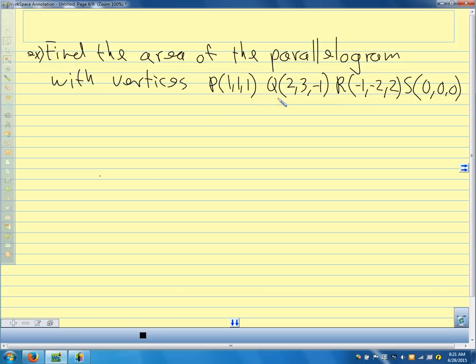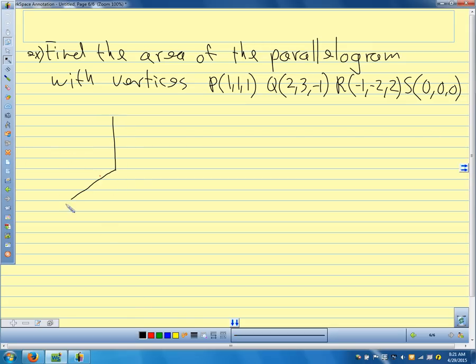I drew a picture to decide which ones were parallel. So I just made a little sketch and plotted points. We have one point at 0, 0, 0. That's point S. We have one point at 1, 1, 1, so we're going over 1 and up 1.